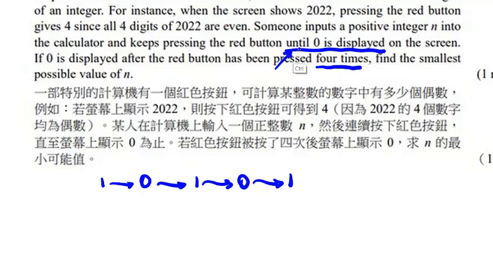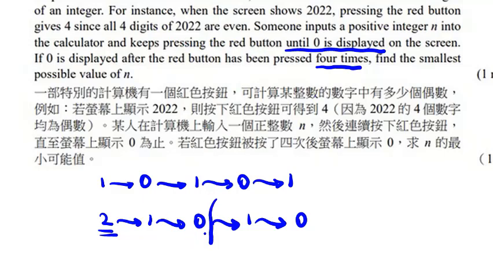If it didn't have until, you could say, okay, if I place 2 here, it will be 1, 0, 1, 0. After 4 times, I will reach 0, and the answer was 2. But because the problem says until, it keeps pressing until 0 is displayed on the screen. So here it will be finished, and it was after 2 times, not 4 times.